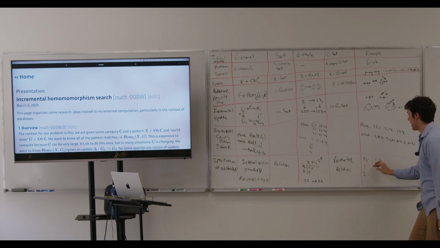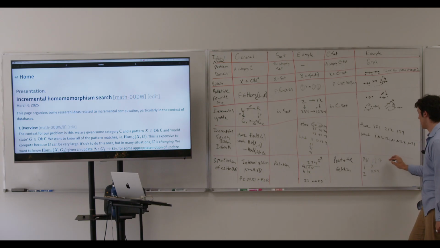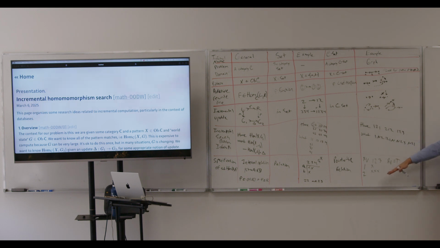And what if I say that 1 has to go to 1, but 2 could go anywhere? And maybe R sub E is just the top relation, so everything is allowed. This specification would pick out all of the morphisms that send this vertex to that vertex, of which there are 2: 1, 2, 3, and 1, 2, 1. So this is a pointwise relation, a relation for every single object in the schema.